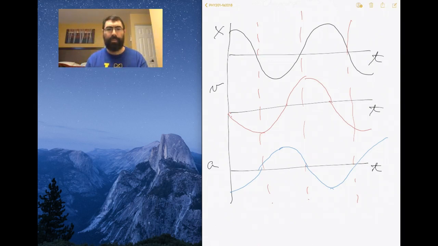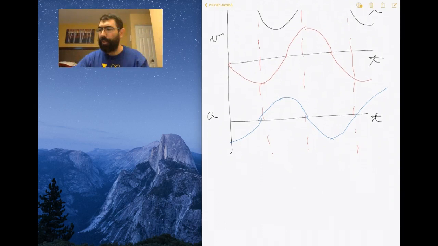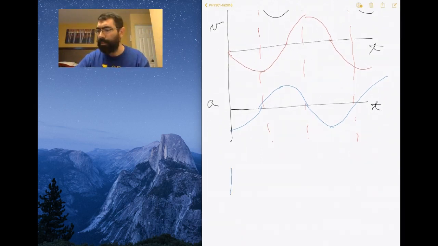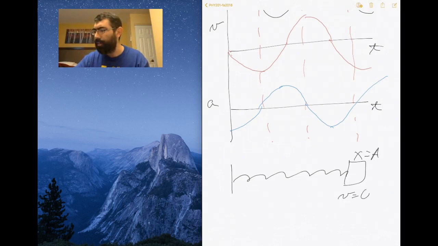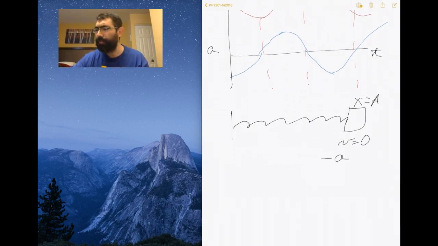Which again makes physical sense, because if we look at something like the spring, then if the spring is at its amplitude, x is equal to A, the velocity is equal to 0, but the acceleration is going to be negative to move it in the negative direction.